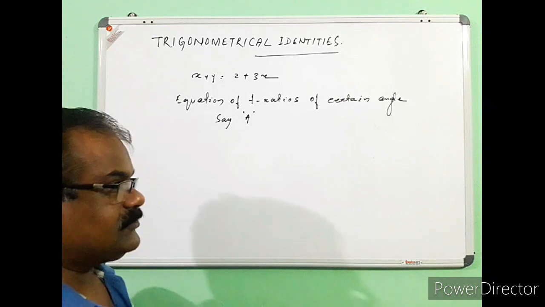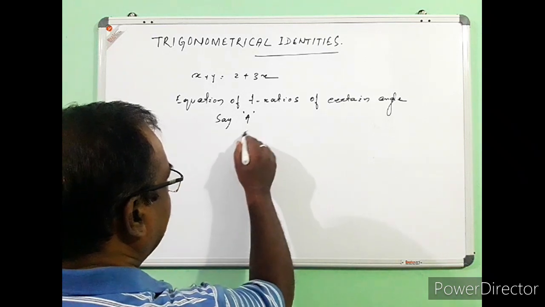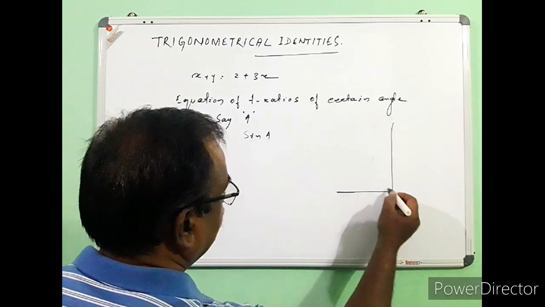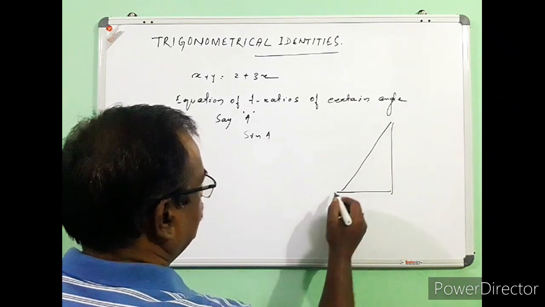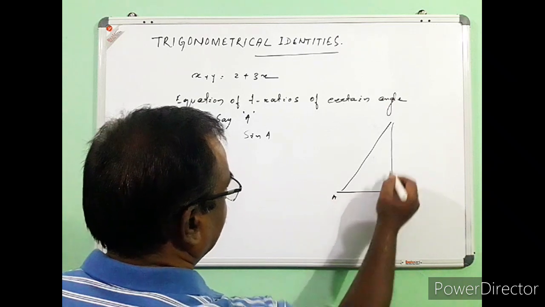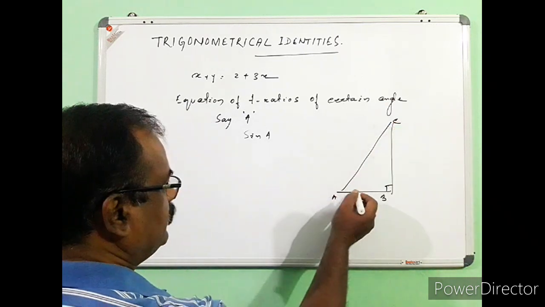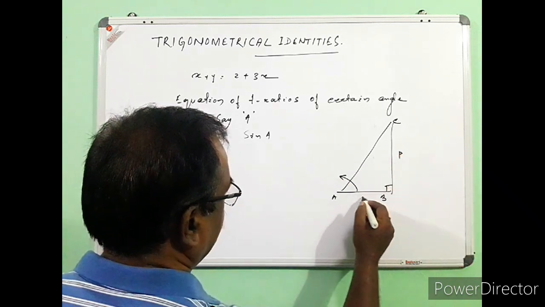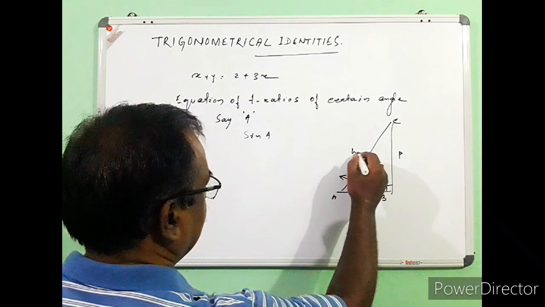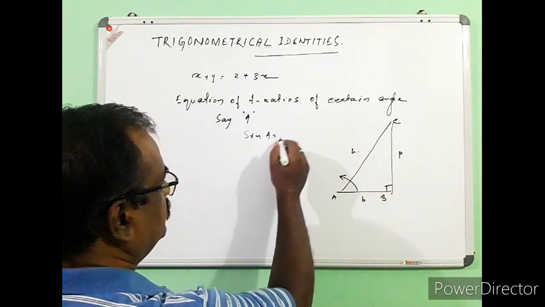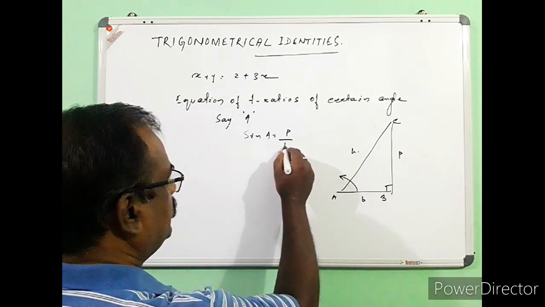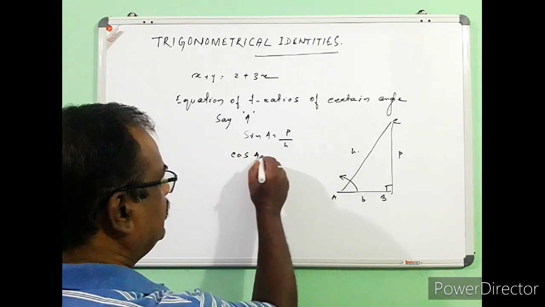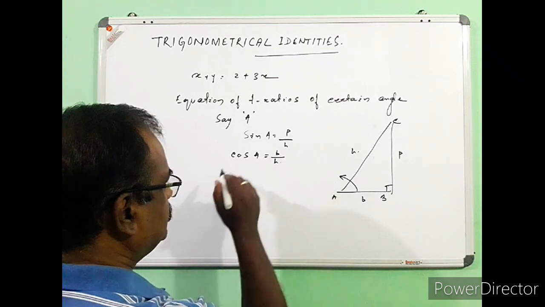Summarizing, let us take sine of any angle, say sine A, in a triangle ABC which is a right angle triangle. If we want to find the sine of this angle, then this is the perpendicular and base, and this is the hypotenuse. So sine A is equal to perpendicular by hypotenuse. Similarly, cos A is equal to base upon hypotenuse.